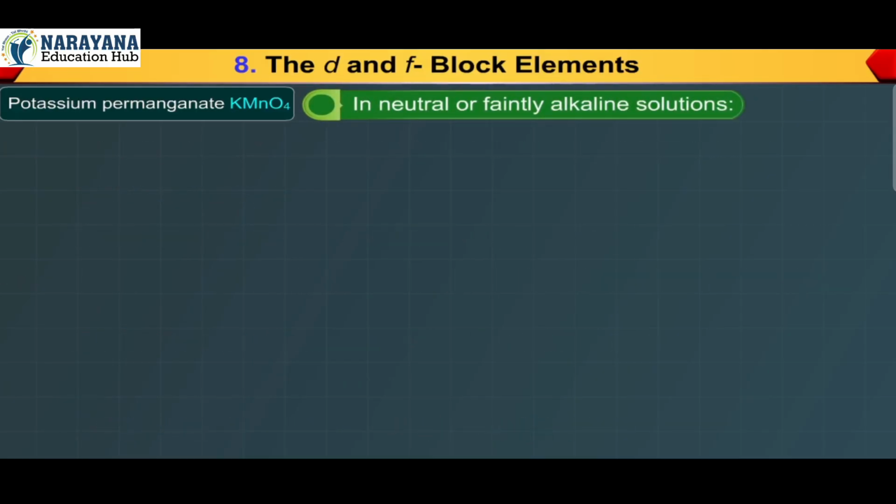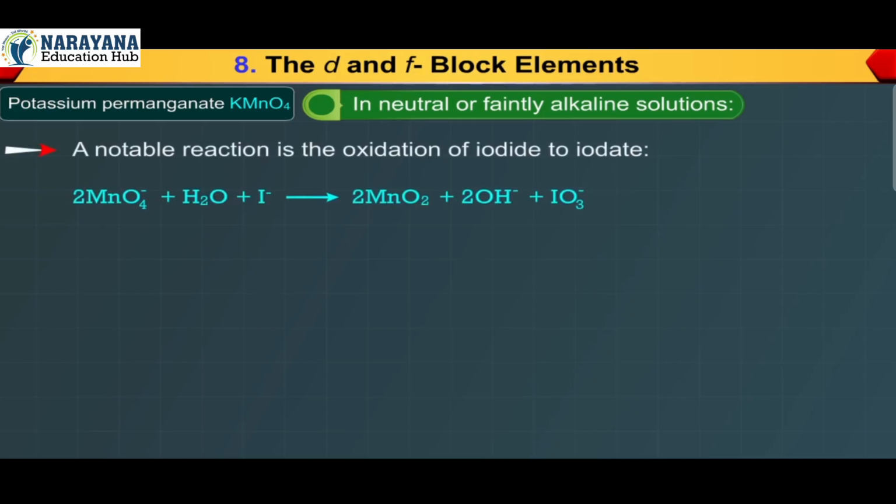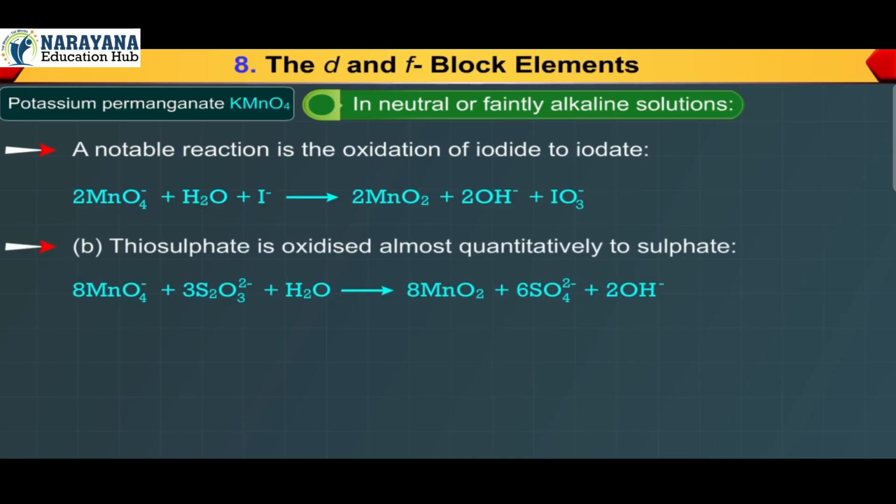In neutral or faintly alkaline solution, A. A notable reaction is the oxidation of iodide to iodate: 2MnO4- plus H2O plus I- gives 2MnO2 plus 2OH- plus IO3-. B. Thiosulfate is oxidized almost quantitatively to sulfate: 8MnO4- plus 3S2O3 2- plus H2O gives 8MnO2 plus 6SO4 2- plus 2OH-.